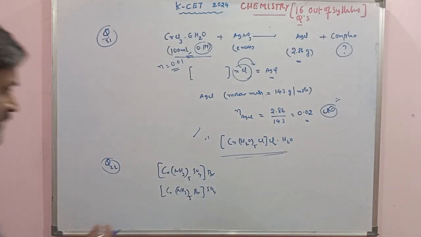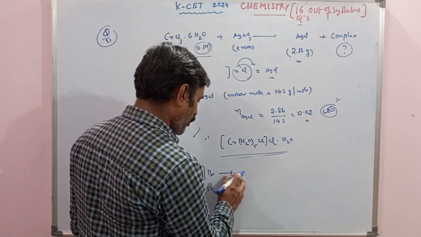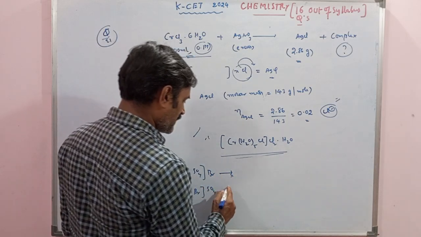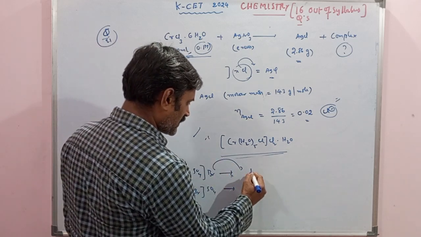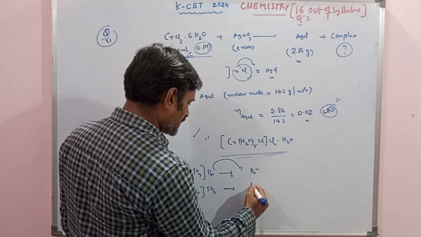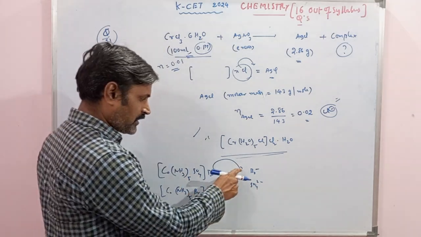What it means is that in one, bromide is the ion coming out, and in the other, sulfate comes out on ionization. One gives Br minus, the other gives sulfate, but both formulas are the same and the ions in solution are different.